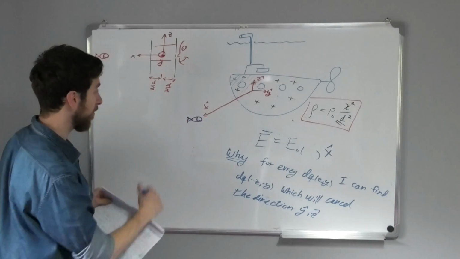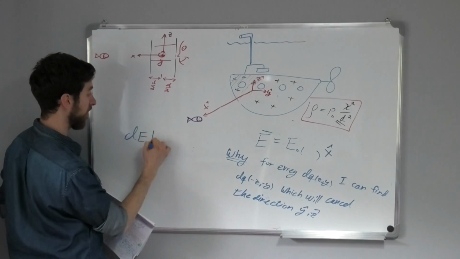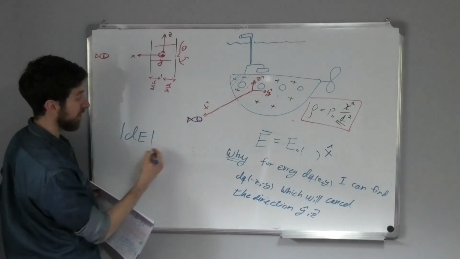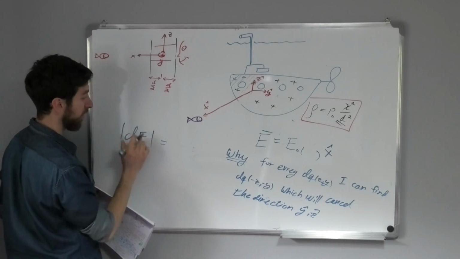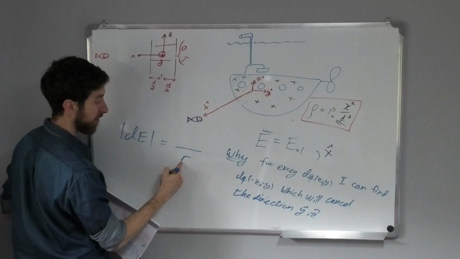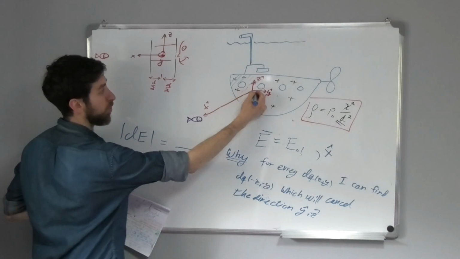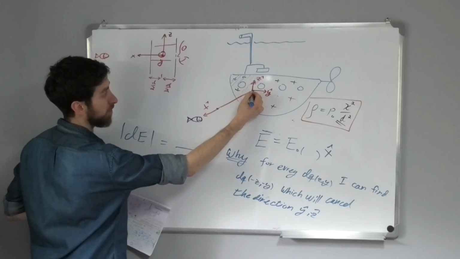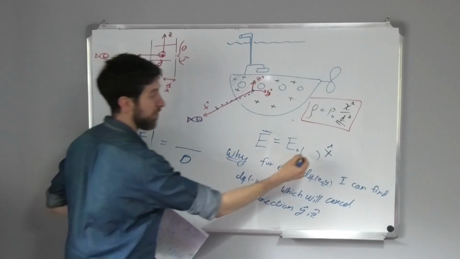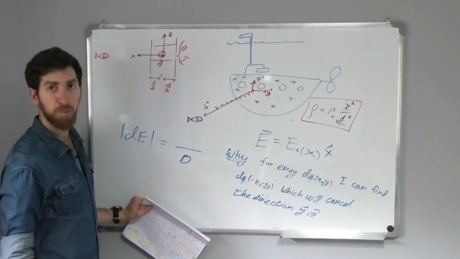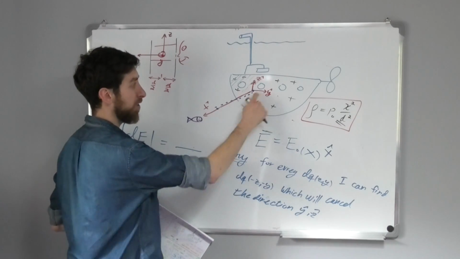Another thing I want you to remember is what is the magnitude of each dE? dE is actually dependent on the distance, let's call it d, the distance from the wall. So here, I know it's only a matter of how far I am from the wall, because this is the radial coordinate.